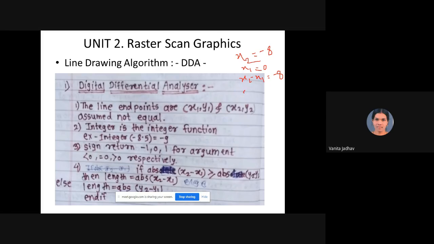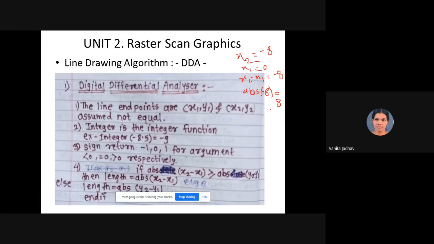So ABS of this -8 will be 8. Got the clear idea? Yes?